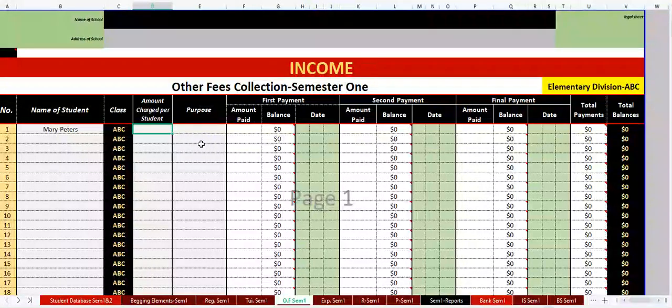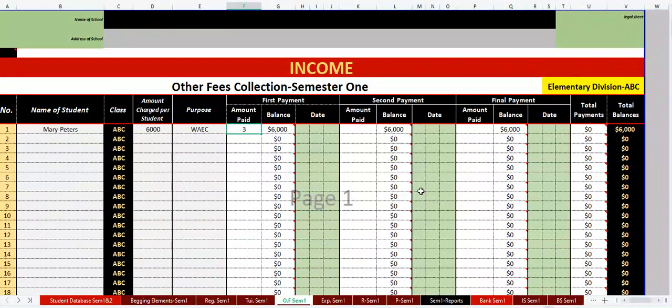So for other fees, maybe 6,000. The purpose of the 6,000 is for what? For WAEC. So we say WAEC. Great. So now we have first payment. All right. First payment, she paid 3,000.